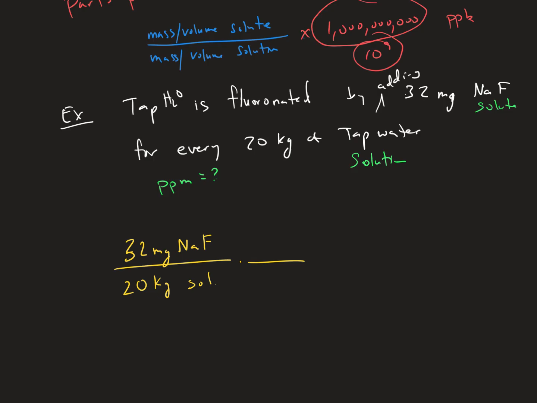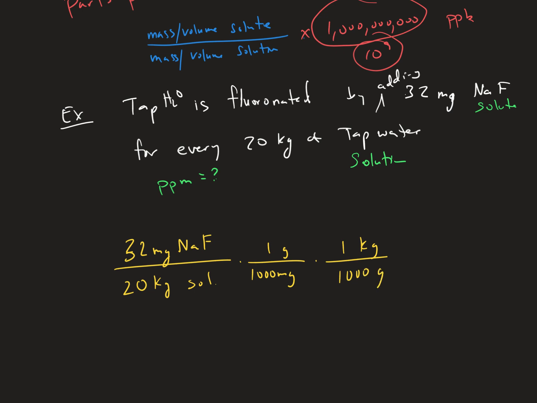We can convert milligrams into kilograms, kilograms into milligrams, or we can convert everything to grams. I think that would be the easiest, personally, but do whatever comes to you. So 1,000 milligrams to every 1 gram, and 1 kilogram is 1,000 grams.